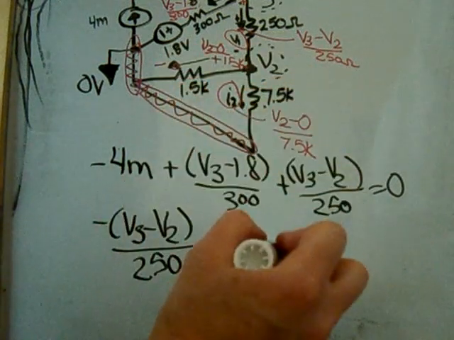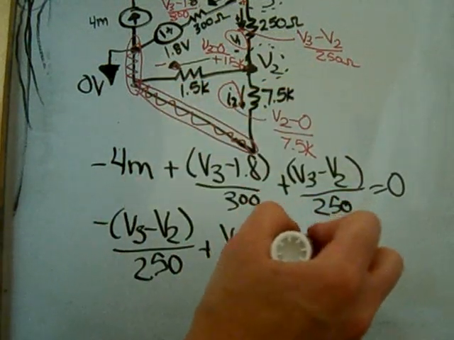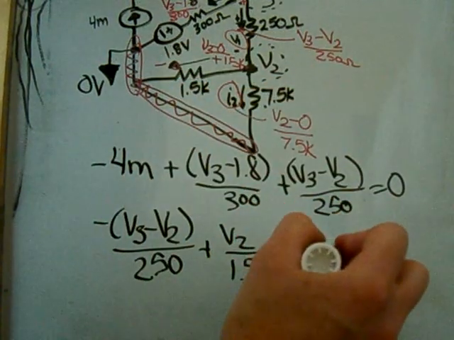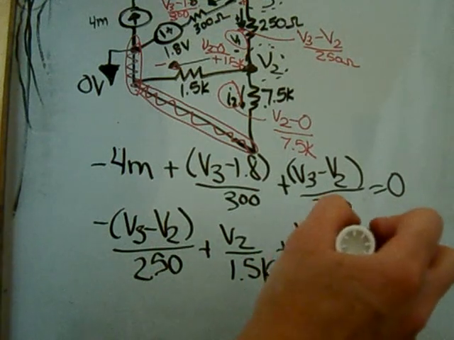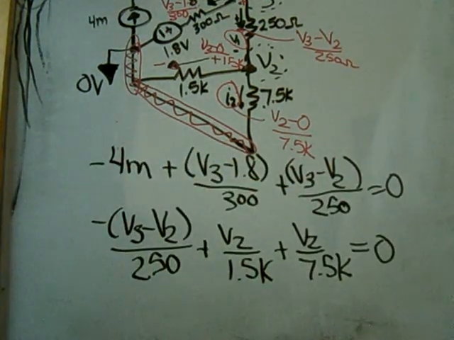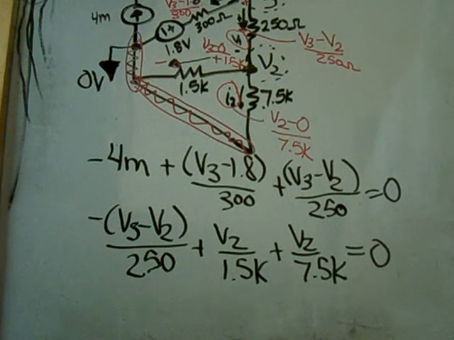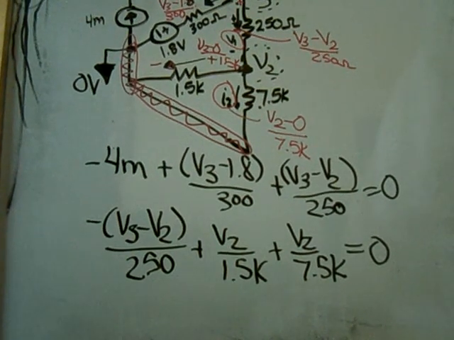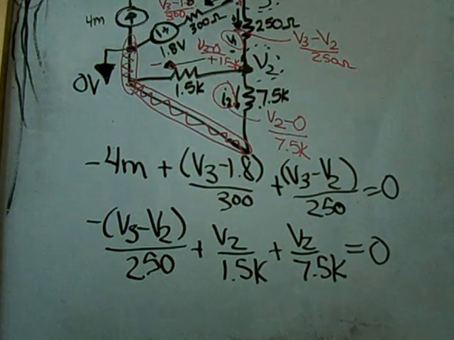And then a plus V2 over 7.5K. And that equals 0. So I have these two equations with V2 and V3 as my unknowns. So I can solve this for V2 and V3.